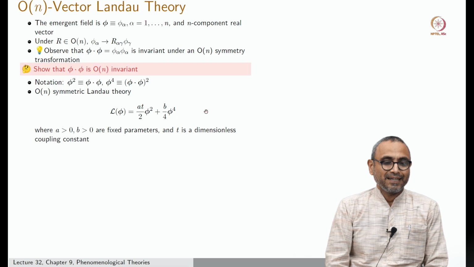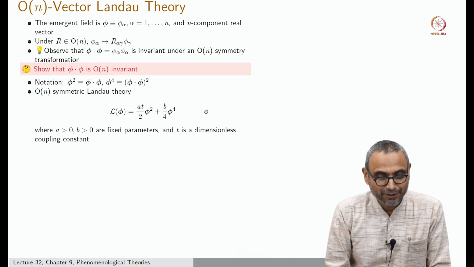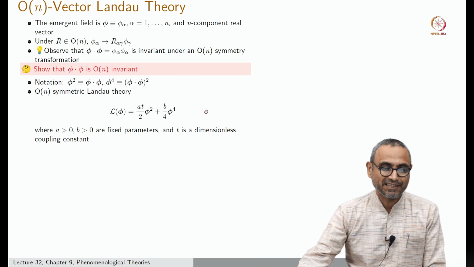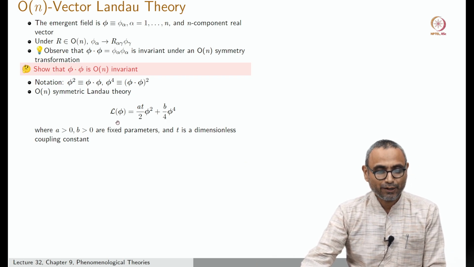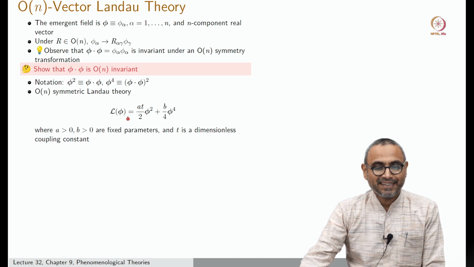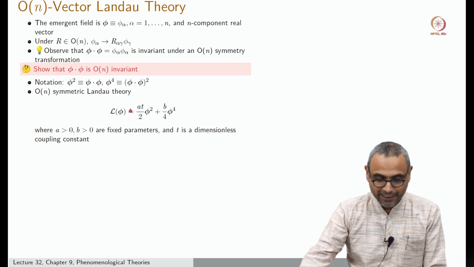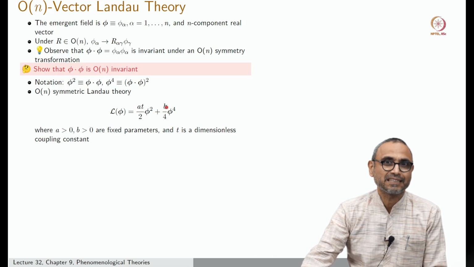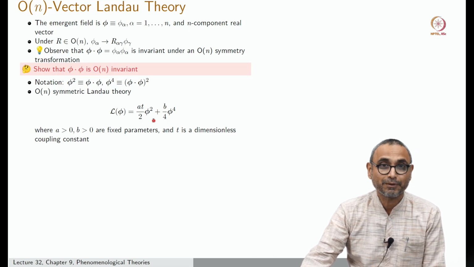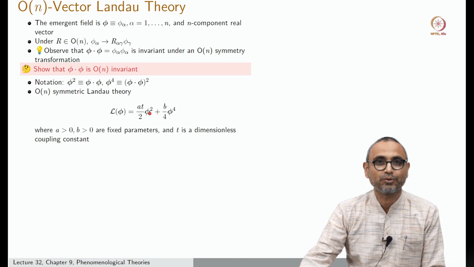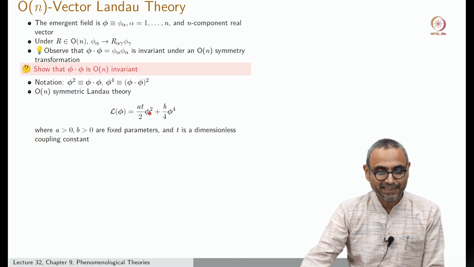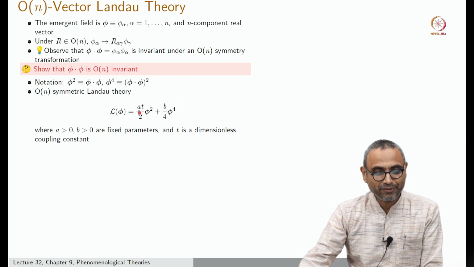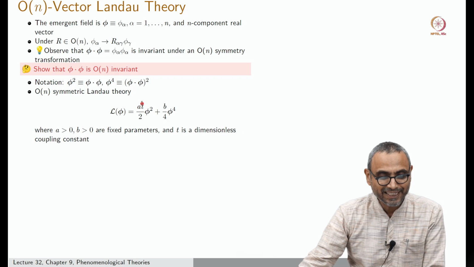Okay, so I'm now ready to write down the ON symmetric Landau theory, and with all the background given up here, you will see that the Landau function that I'm choosing depends on a single dimensionless parameter, and there are two other constants here, which, as we discussed in the last lecture, you can choose to be 1 if you wish, but you can hold on to them if you want to play with dimensions later on. Okay, so this is the Landau function. Let's see what we have. We have some quantity which we can tune.